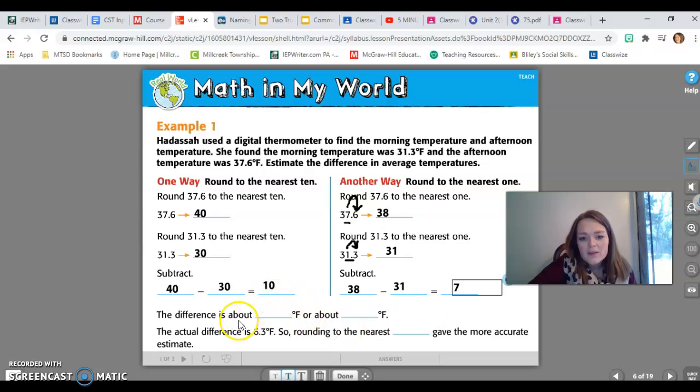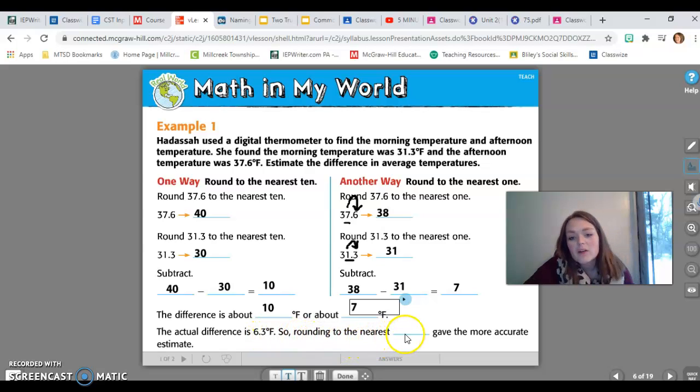The difference is about 3 degrees, so the difference is about 10 degrees Fahrenheit or 7 degrees Fahrenheit, because difference always means subtraction. So the actual difference is 6.3 degrees Fahrenheit.